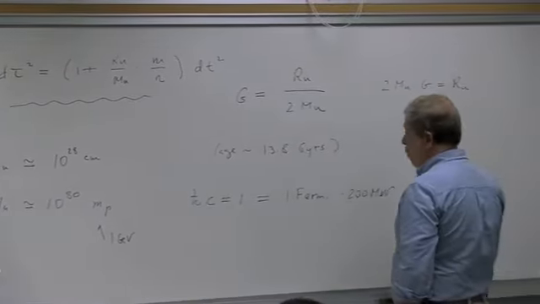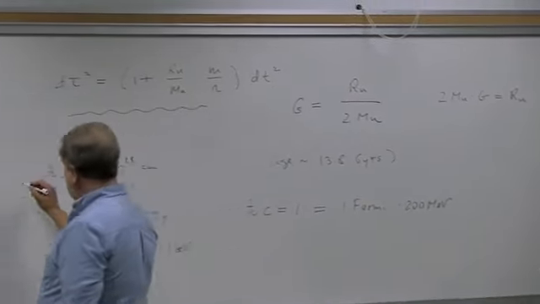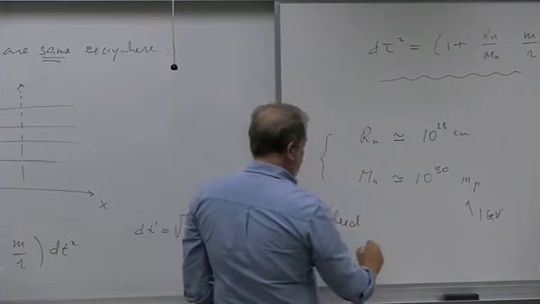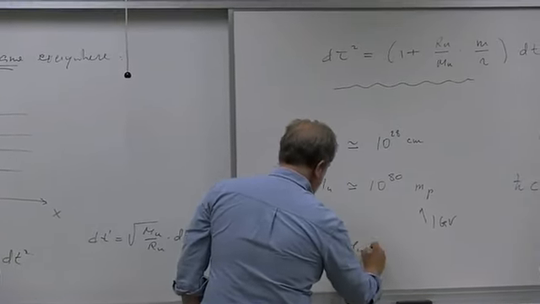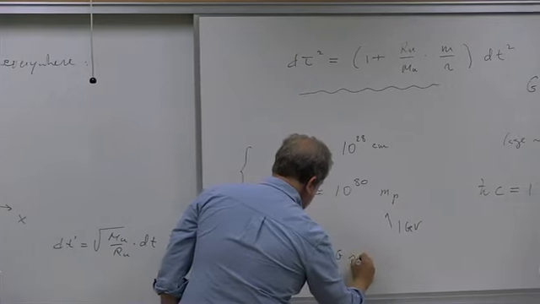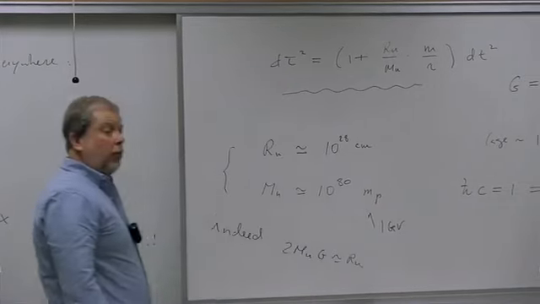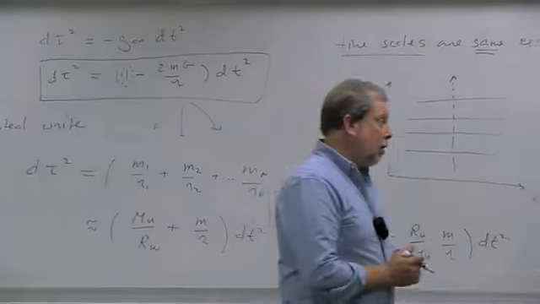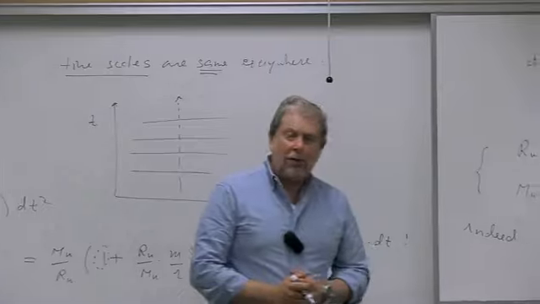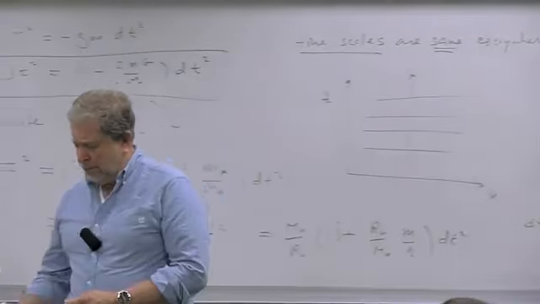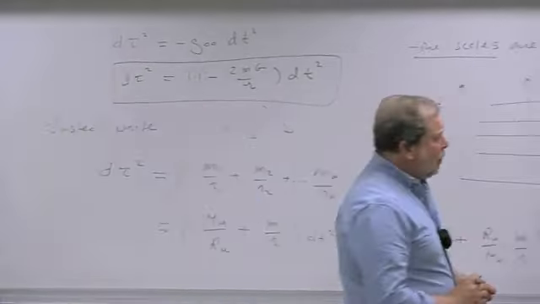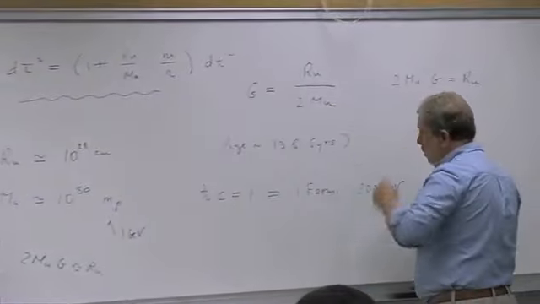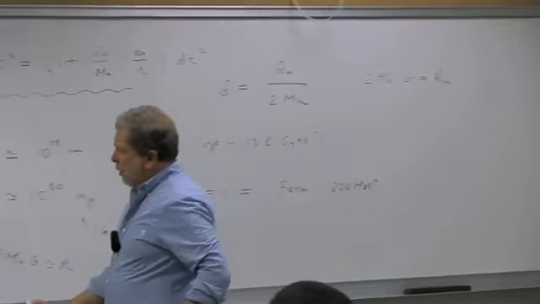And in fact, this is correct. You find that indeed 2 mu times g is approximately the same as ru. So there is this numerical coincidence between Newton's constant and the size of the visible universe and the mass of the visible universe. And so the argument that you get from here is consistent with this other numerical coincidence.